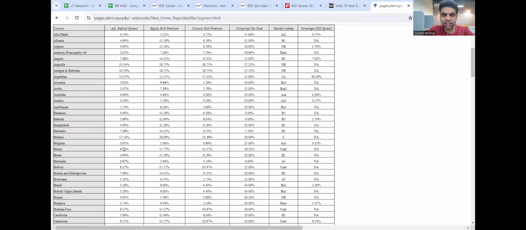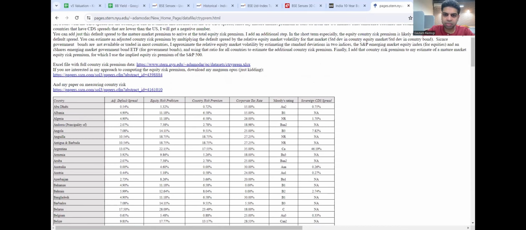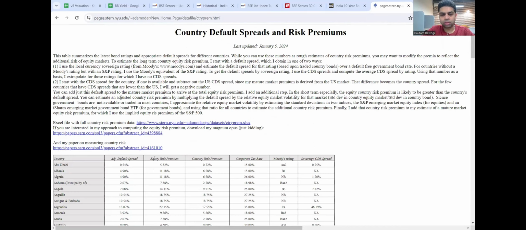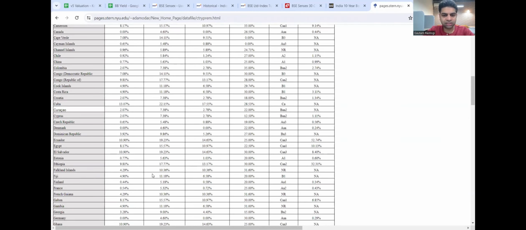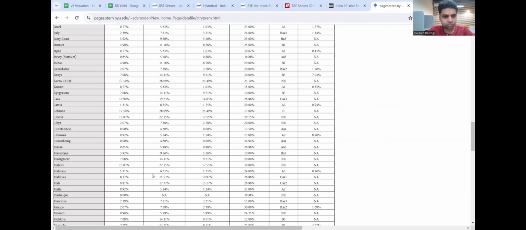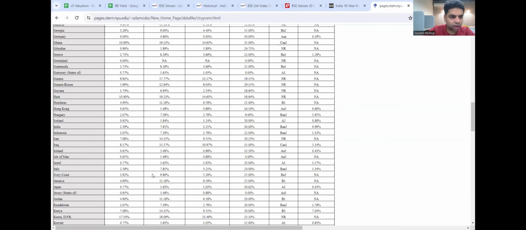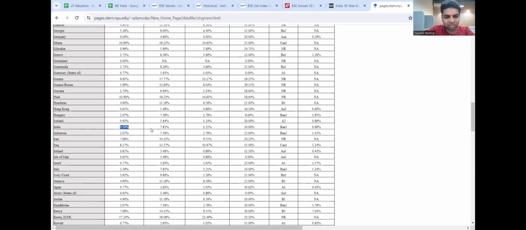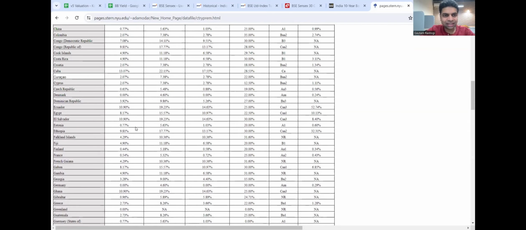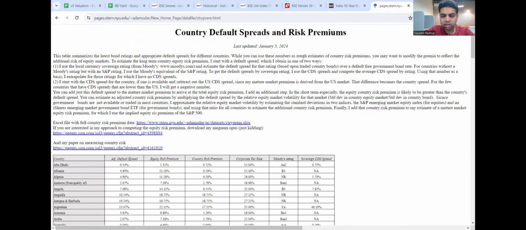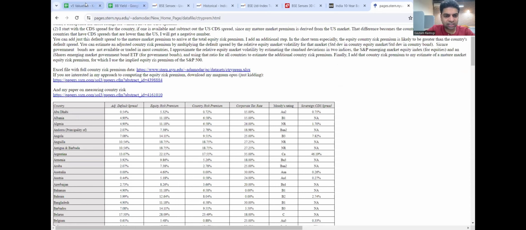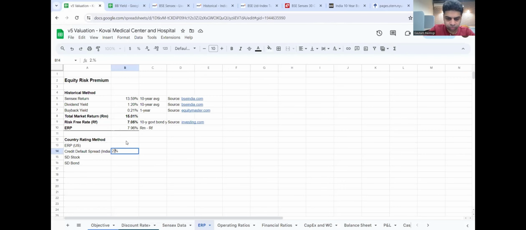Here you have the equity risk premium of all the countries. Basically, he's already done that using this method. First, let's look at where India is. It's 2.39, the credit default spread for India. So let's put that information here.